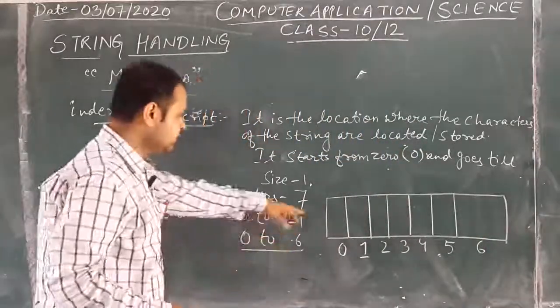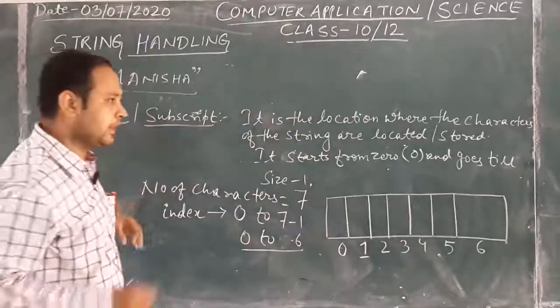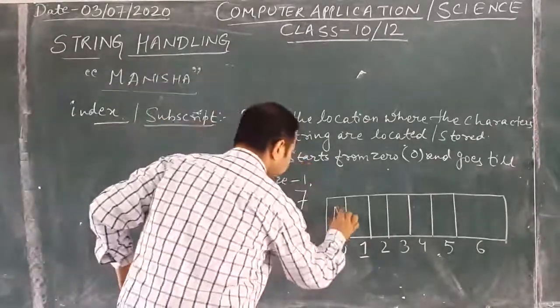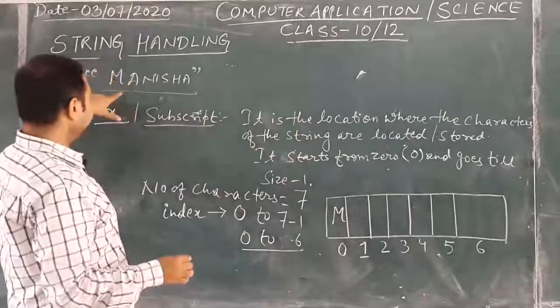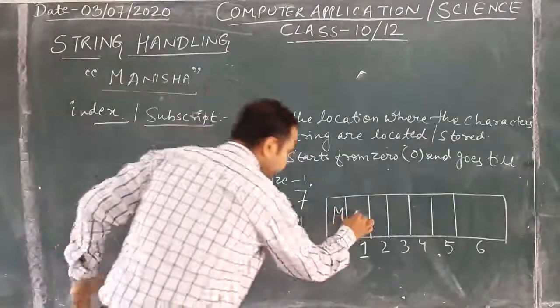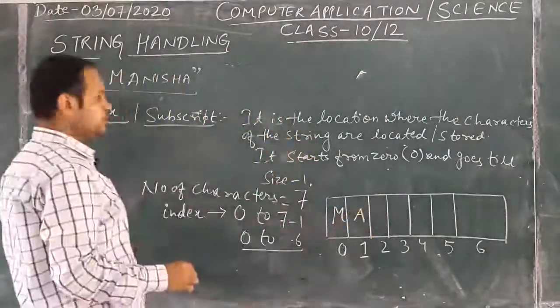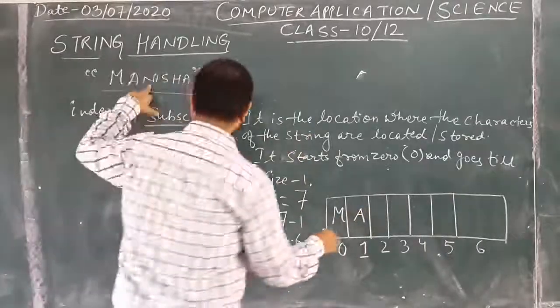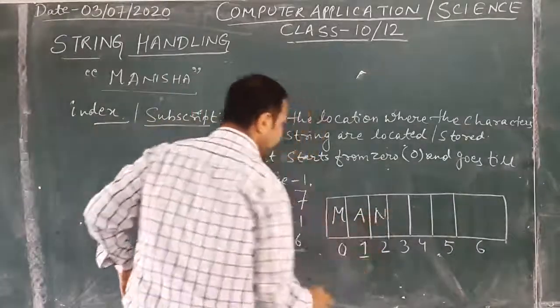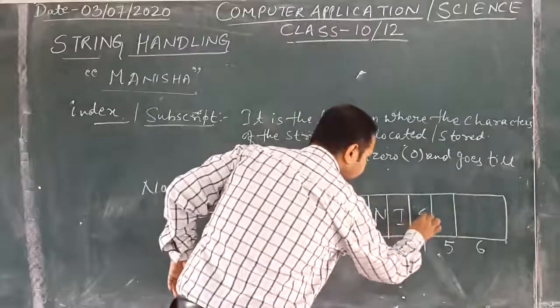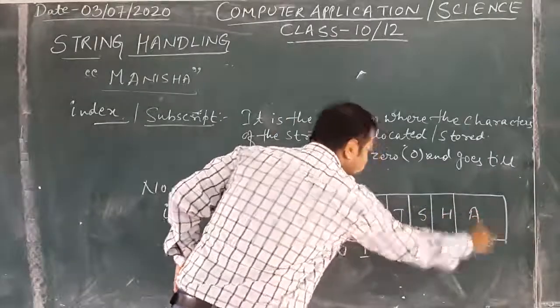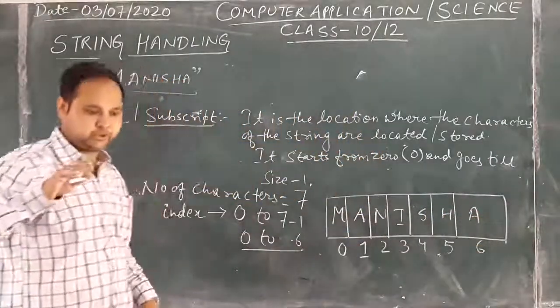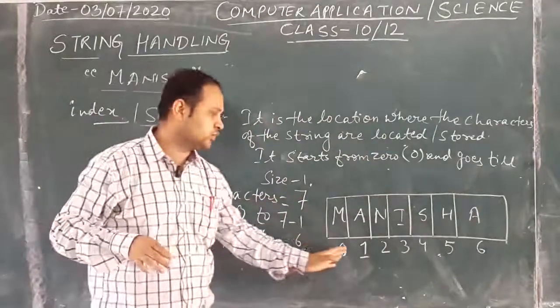In the 0 position, the character stored is M, then A goes in position 1, then N comes in the second position. Then we have I, then S, then H, then A. In the way we enter the characters, they start getting stored.